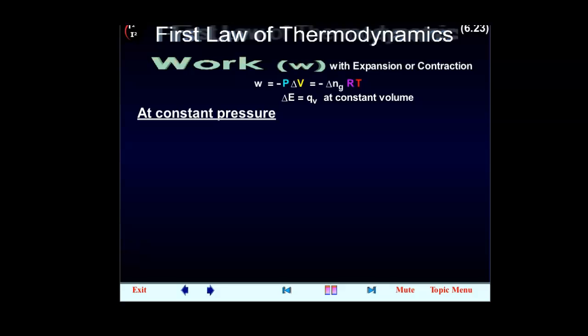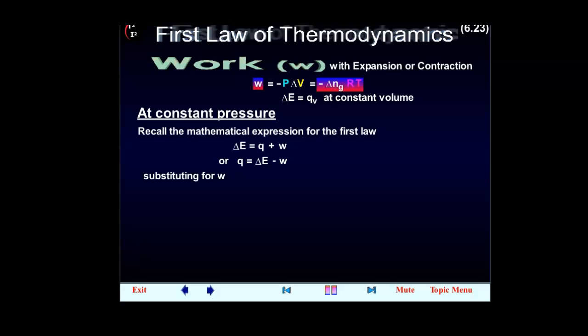At constant pressure, recall the mathematical expression for the first law. Delta E equals Q plus W, or Q equals delta E minus W. Substituting for W, Q equals delta E plus delta N sub G RT.